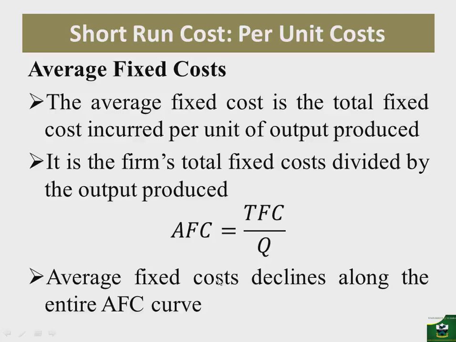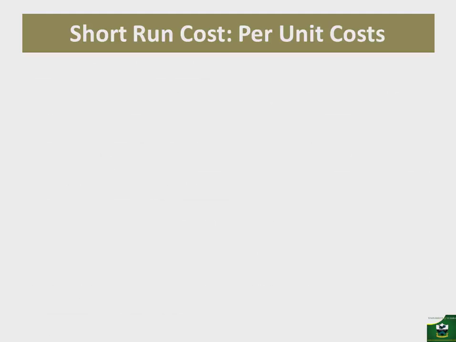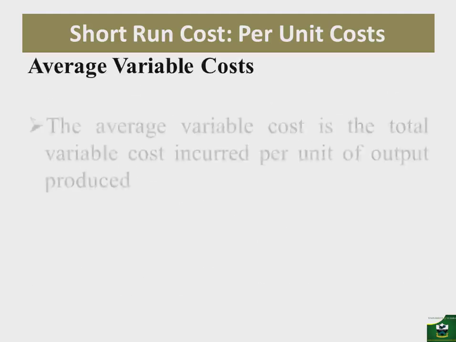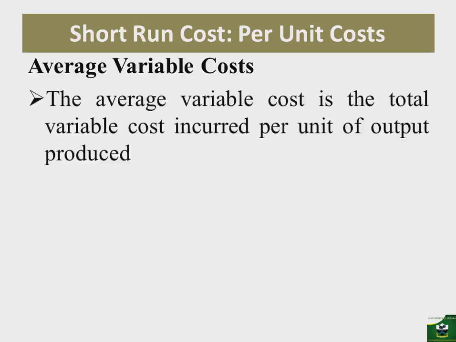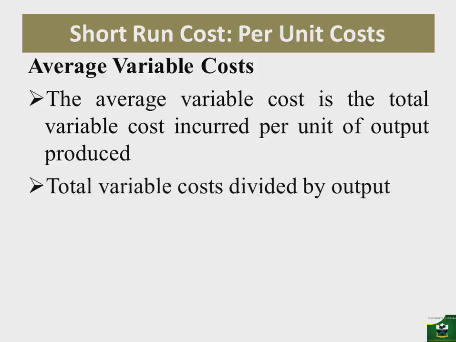Okay, let's look at the average variable cost curve function. So the average variable cost is the total variable cost incurred per unit of output produced. What this is that this average variable cost is simply the total variable cost divided by the firm's output.